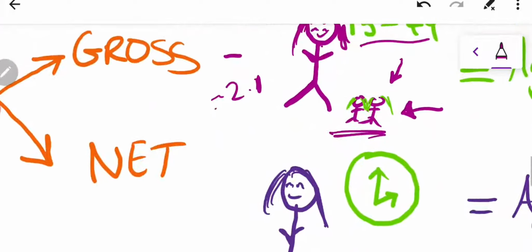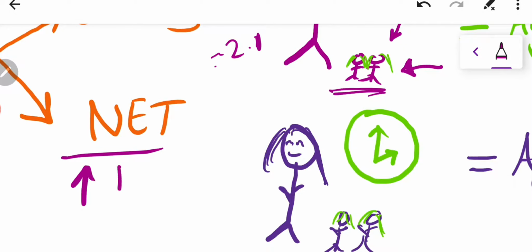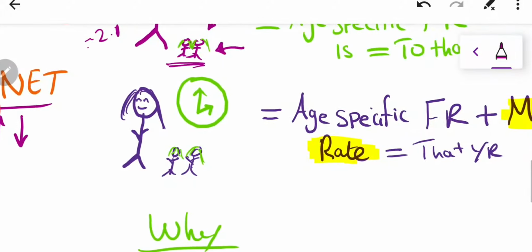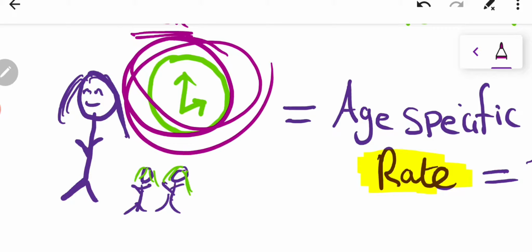So that was accumulation. Now we're looking at net. So we're looking at accumulation and deprivation. Now what we're doing is we're including time. So this is the number of live born girls that are born to a woman over her life.